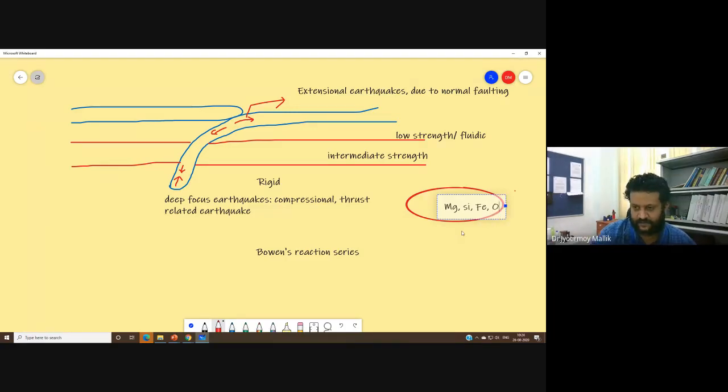Oxygen, of course. And then while it cools, it does something called fractional crystallization.